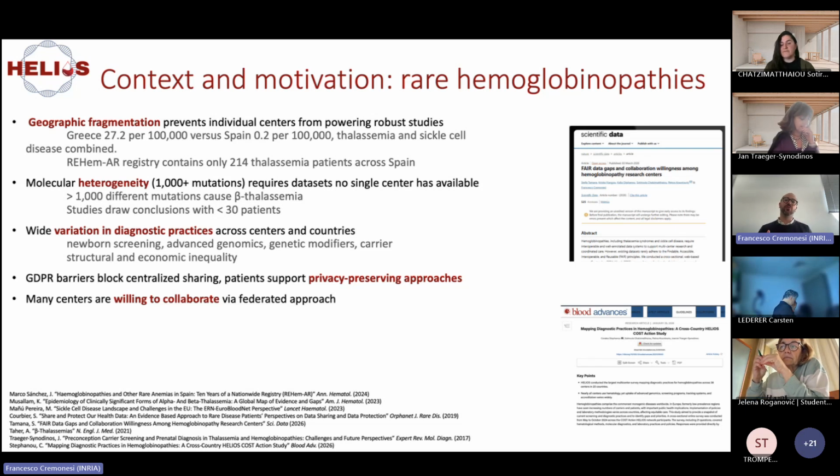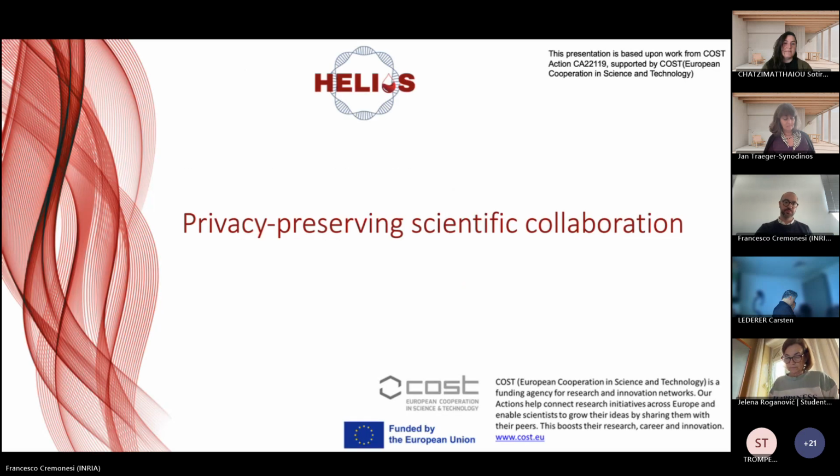And so the idea of federated learning falls naturally into place in this context of very heterogeneous, very complex diseases, where every country is following maybe some international guidelines, but also doing something locally different from the others, and so on.